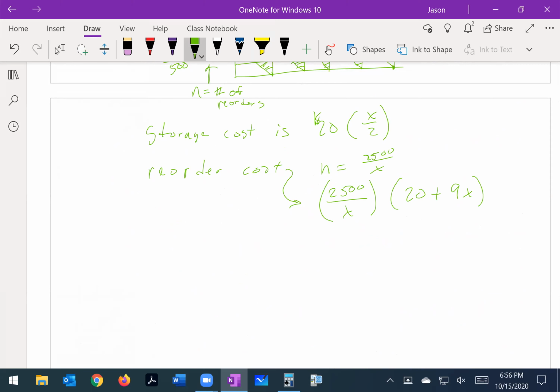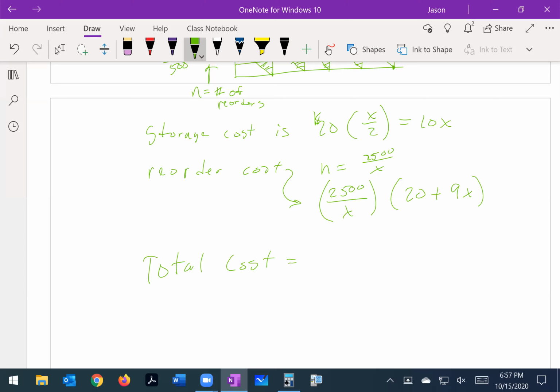So now I know what my total cost is. Total inventory cost is going to be my storage cost, which is 20 times X over 2, which is really just 10X, where X is my lot size.